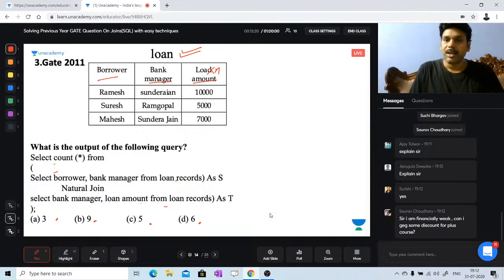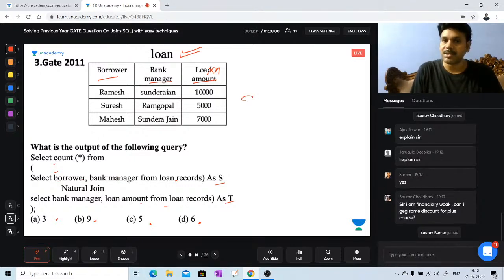Okay, now let us analyze the question like this. This loan is divided into two table instances: one table is S, one table is T. The columns of S are borrower and bank manager, and the columns of T are bank manager and loan amount.